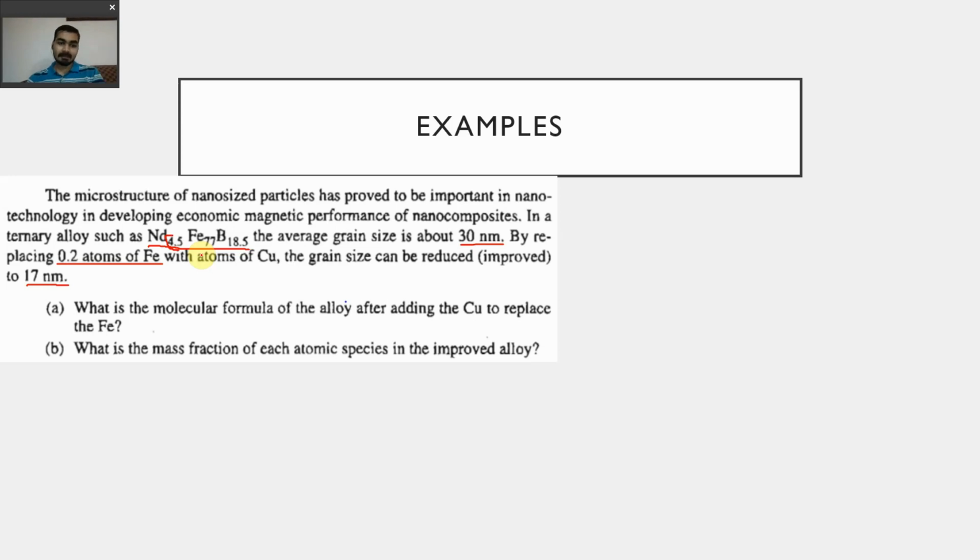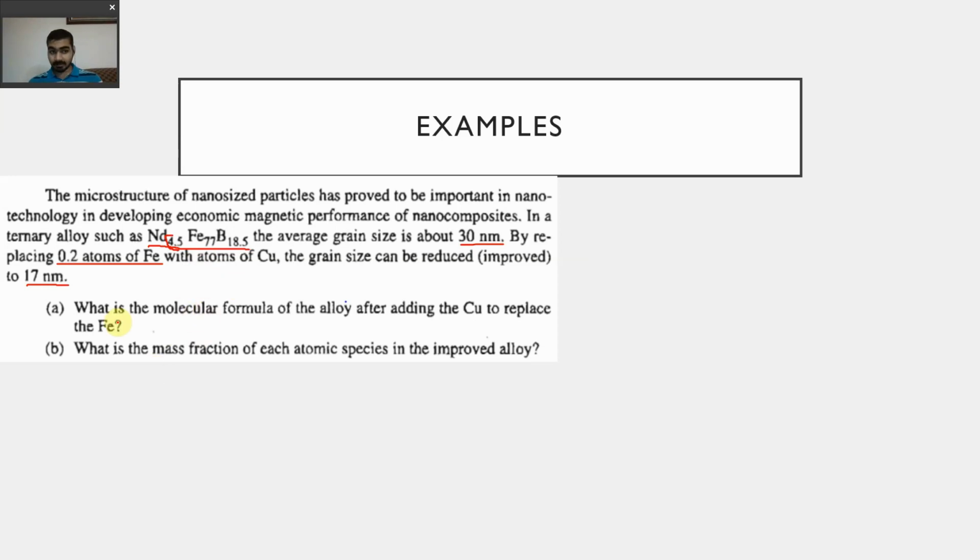We are given size, but that is variable, so we can't choose it as a basis. Basis should be permanent, or the thing by which we can get other data as well. So that is how you should choose a basis. So here we will choose 100 atoms of an alloy. Okay, so that should be your basis.